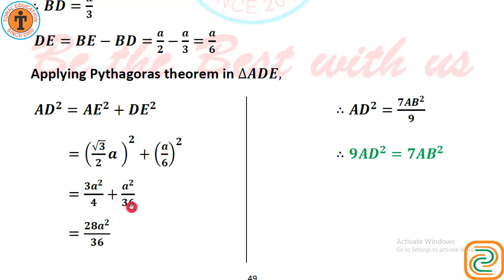If 36 is the LCM, then 27 plus 1, 28a square upon 36. Cutting both by 4, we get 7a square upon 9. So AD square equals 7AB square upon 9, because a equals AB. Therefore 9AD square equals 7AB square.